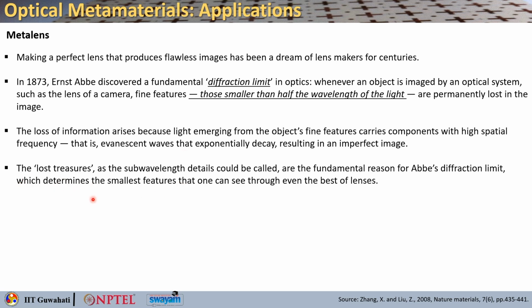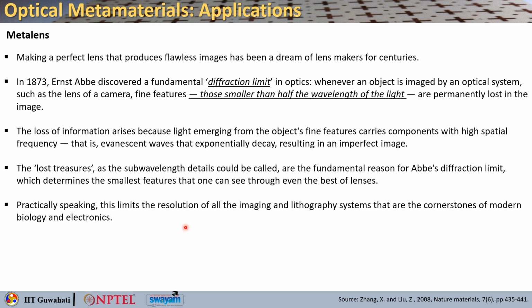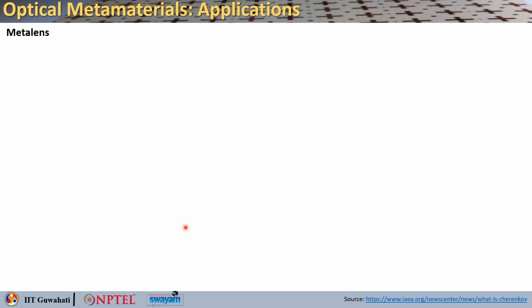So, the lost treasures such as these sub-wavelength details are the fundamental reason for Abbe's diffraction limit, which determines the smallest feature that one can see through the best of the lenses. Practically speaking, this limits the resolution of all the imaging and lithography systems, which are the cornerstones of modern biology and electronics. So, that was the big challenge, and metamaterials helped us to overcome this hurdle.